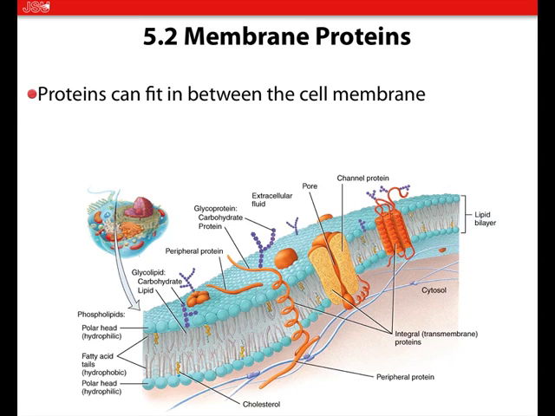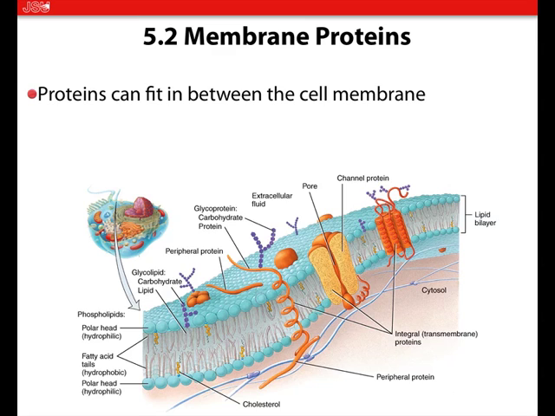We'll talk about some of their functions later on, but for now we're going to say that our membrane has proteins going through it. We call those transmembrane proteins. Sometimes they're on the surface, those are peripheral proteins.